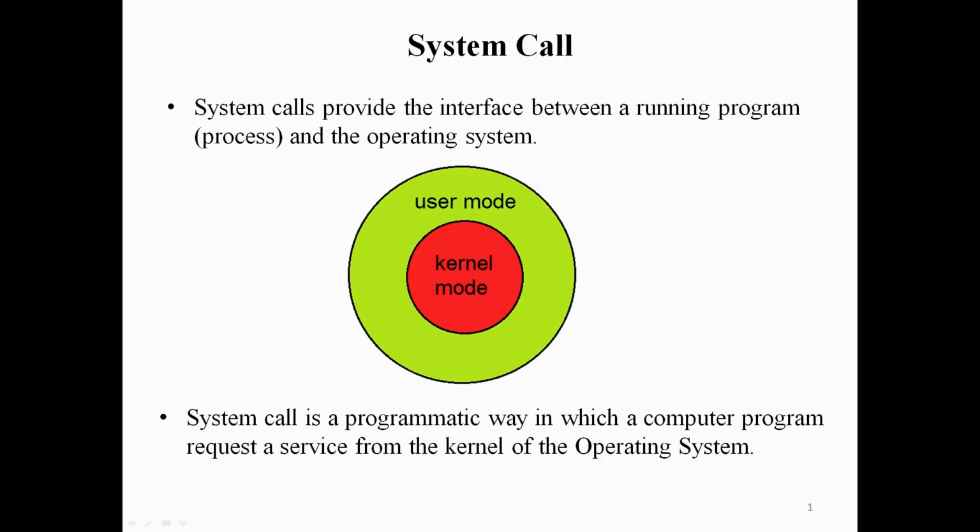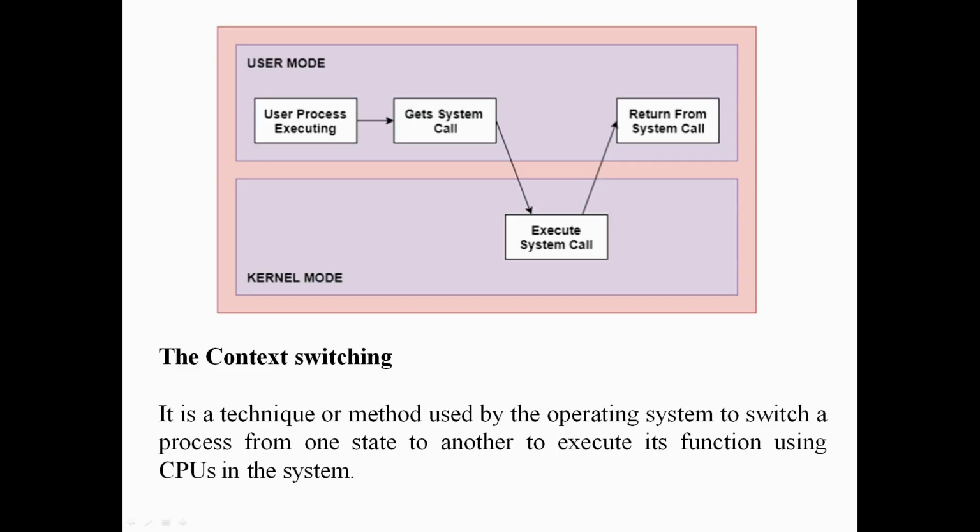In that case, we need to switch from the user mode to the kernel mode, and this type of switching is called context switching. Always when a program switches from the user mode to the kernel mode, and also from the kernel mode to the user mode, vice versa, in both cases switching happens. Such switching is called context switching.